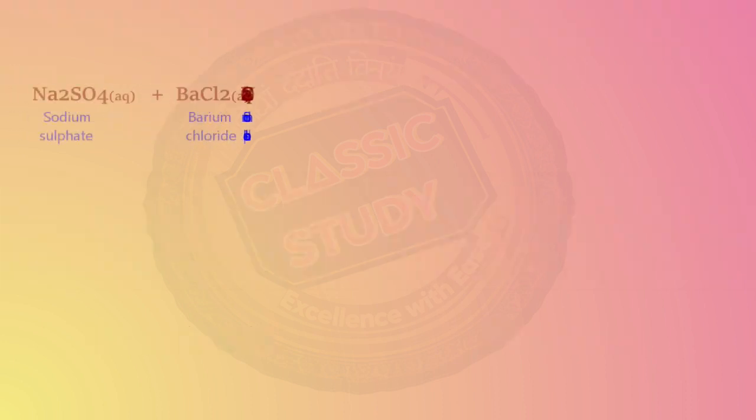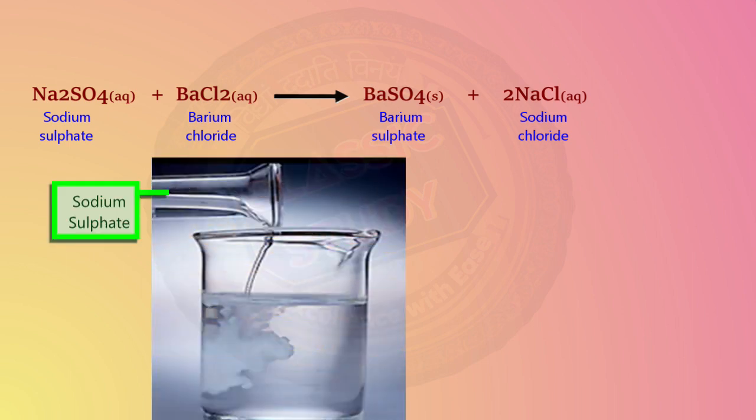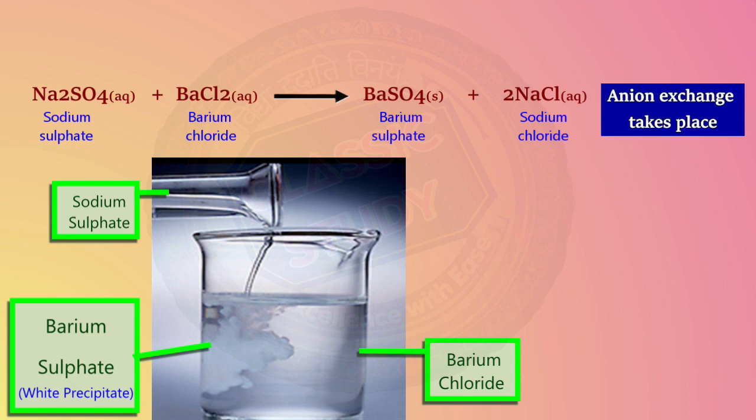For example, sodium sulfate Na2SO4 combines with barium chloride BaCl2, leads to formation of barium sulfate and 2NaCl, which is sodium chloride. So we can see when sodium sulfate is added to barium chloride solution present in the beaker, a whitish precipitate is formed. This occurs because there is exchange of ions, sodium exchanges with barium.